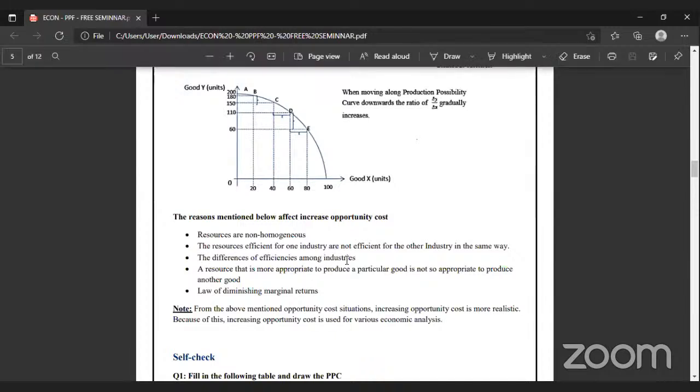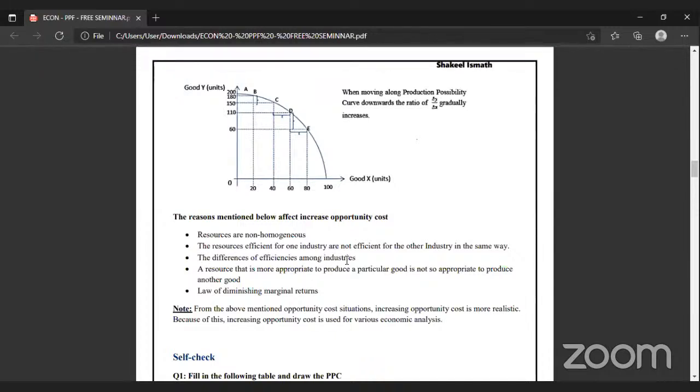For example, if you take agriculture, it will take some time to measure efficiency, because it takes 3 or 4 months to see the harvest. Based on the harvest, we can say whether farmers are efficient or not. But in the mobile phone industry, within a day you can see whether the labor is efficient or not. So it always varies. A resource that is more appropriate to produce a particular good is not so appropriate to produce another good.